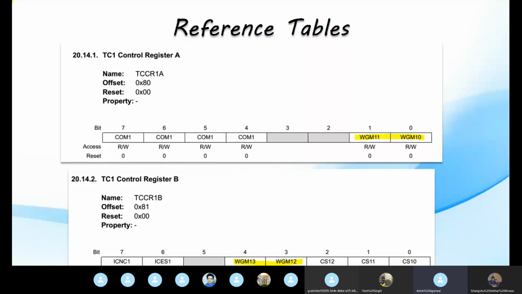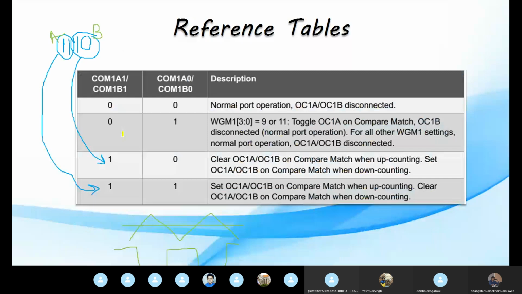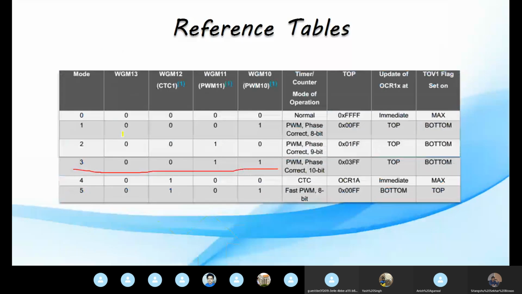Move to the table. All right, so you see here we have set 0011.